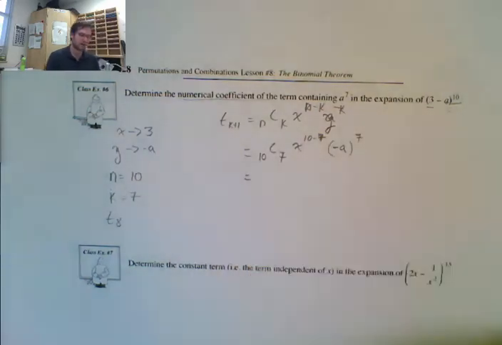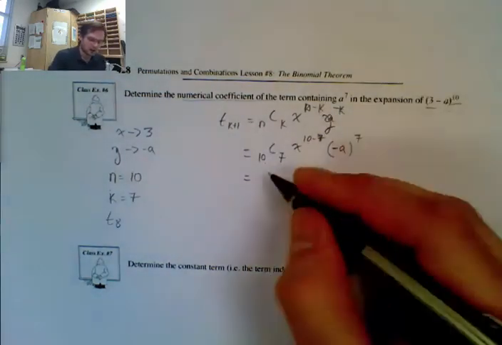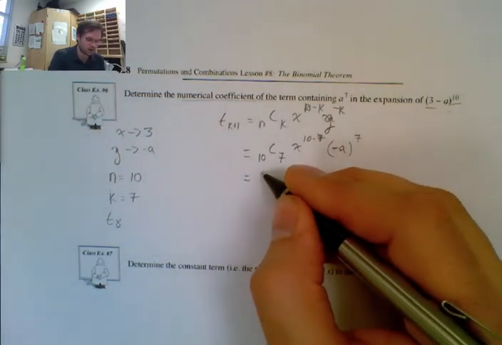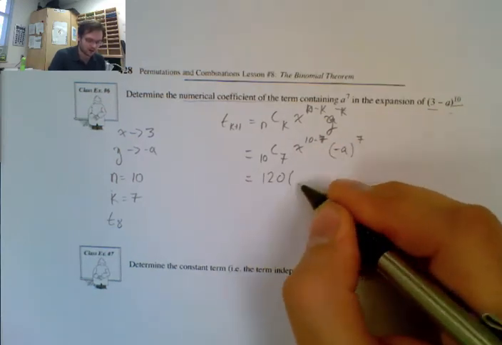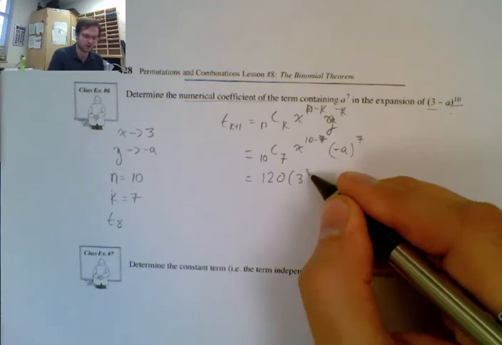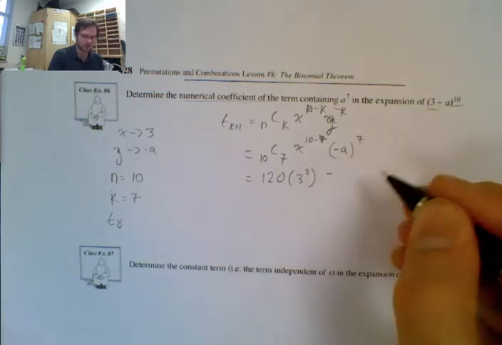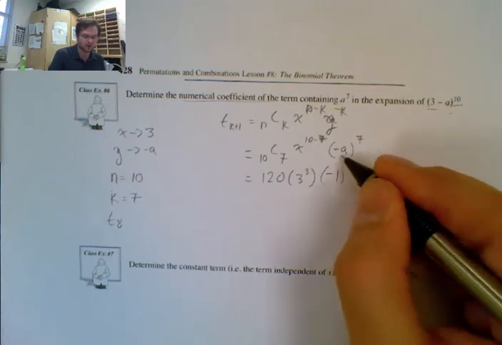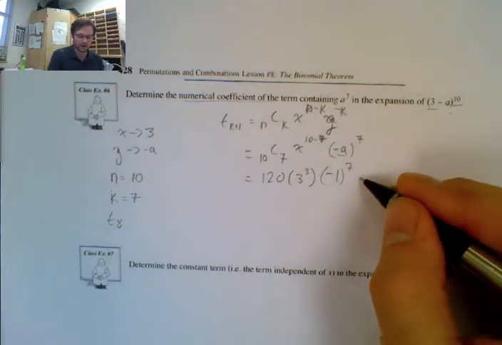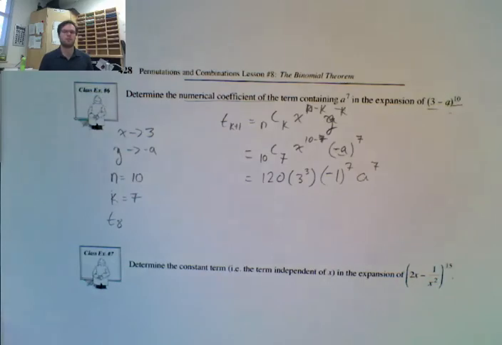I combine this here, and this is going to give me a total of 120. And we put in 3 for that, and that's going to be 3 to the power of 3. And we're going to have negative 1 to the power of 7, because I'm going to factor out a negative 1 here, and we have a to the power of 7. So we have a by itself.